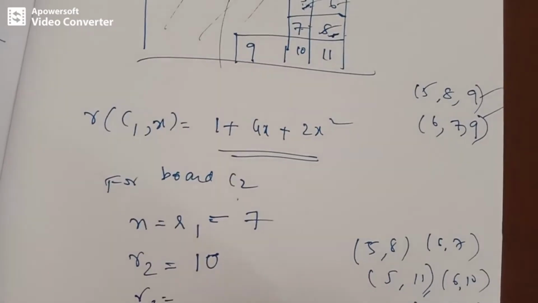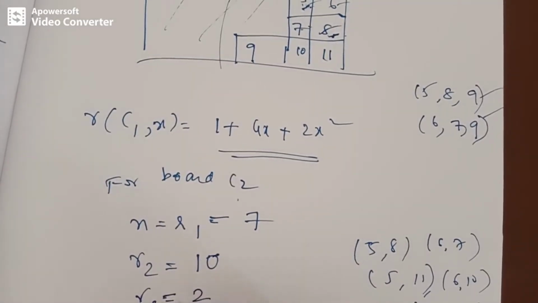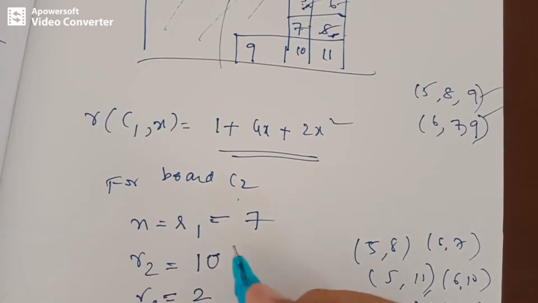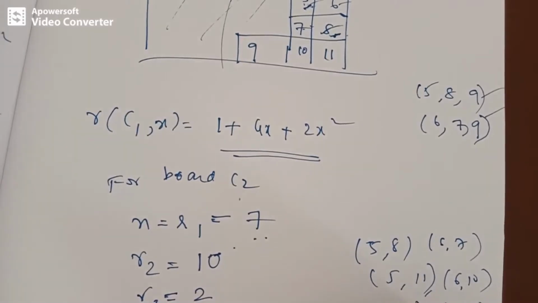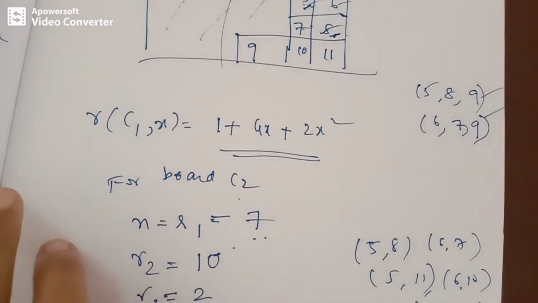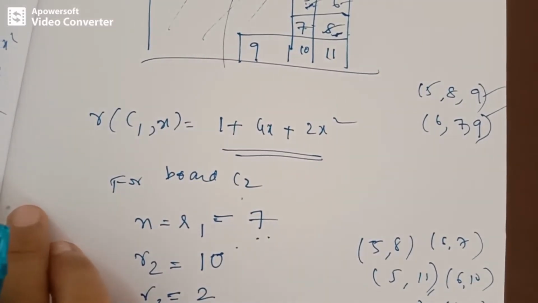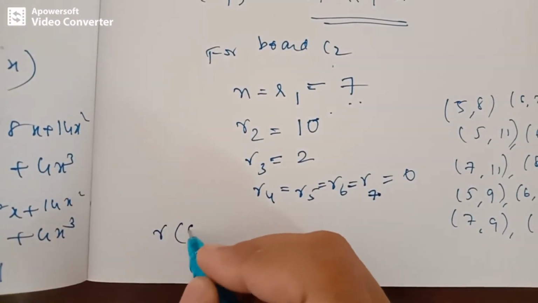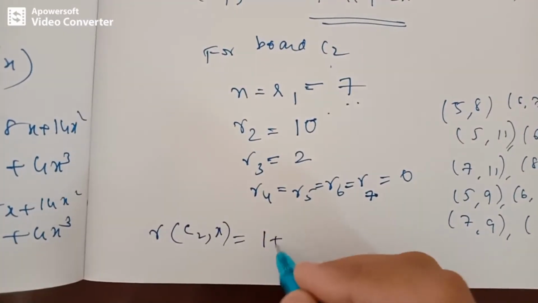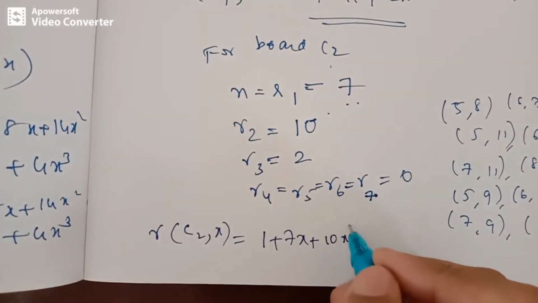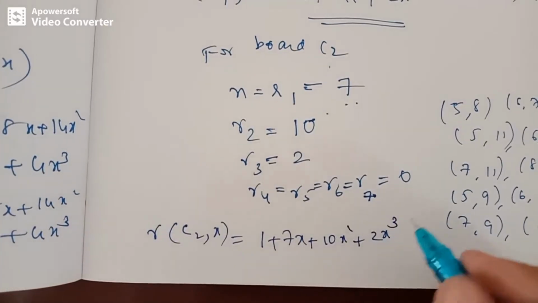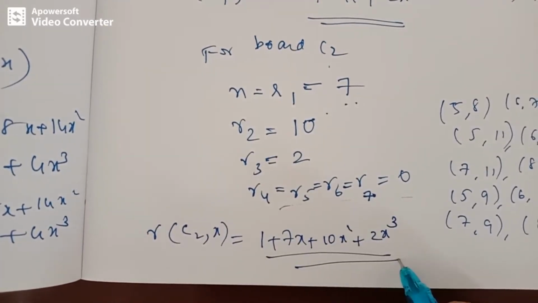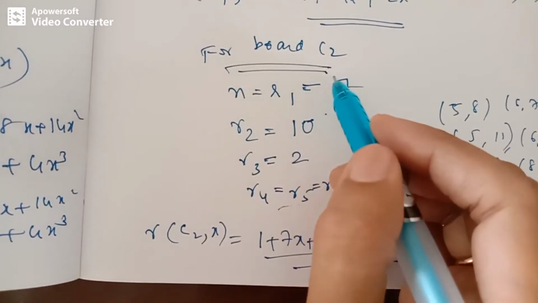So the value of R3 is 2. We cannot have R4, R5, R6 or R7, because I am calculating up to the number of squares. All of them are 0. Let's calculate the Rook's polynomial. It is given by R of C2 comma x is 1 plus 7x plus 10x square plus 2x cube. R4 and the rest are 0. So this is the Rook's polynomial for C2.